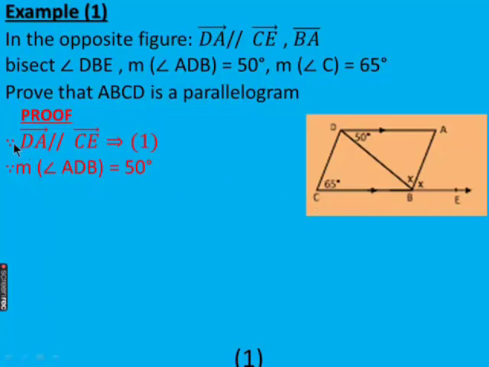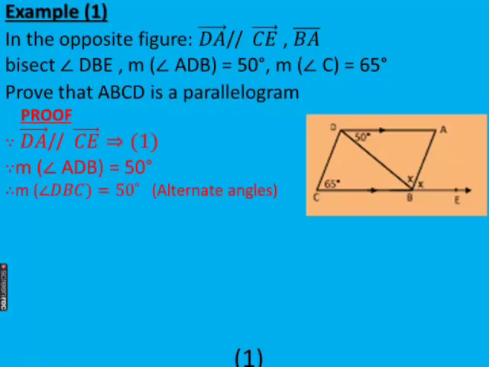Proof: since DA is parallel to CE, it is given. And since the measure of angle ADB equals 50 degrees, therefore the measure of angle DBC equals 50 degrees also, alternate angles.